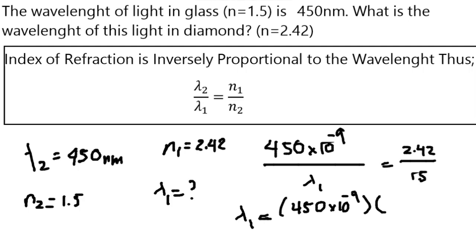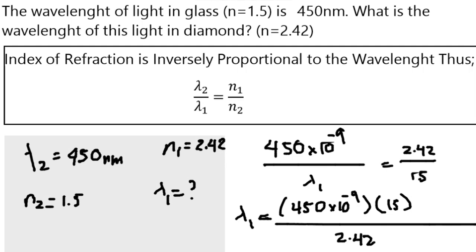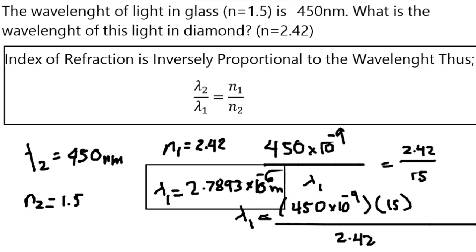So we got this now. It's going to be 1.5 divided by 2.42. So using our calculator, the wavelength of light in diamond is going to be 2.78, and this is a lot of numbers, so we just round it off, times 10 to the negative 7 meters. So this is it for this video. I hope you learned something, and goodbye.